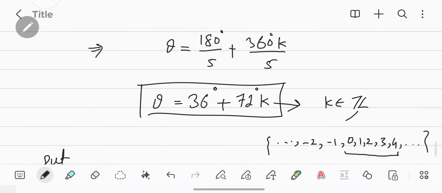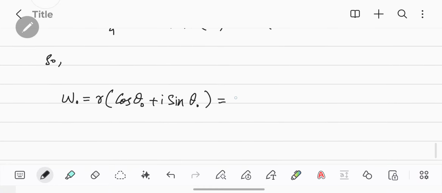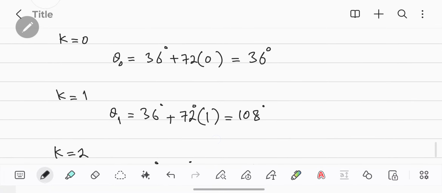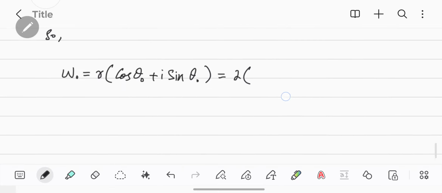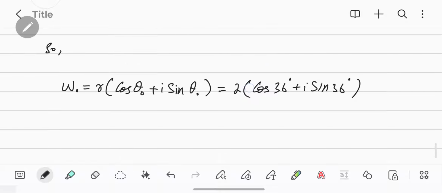Since we found the value of r, which is 2, I'll plug in 2 here. And what is theta 0? Theta 0 was 36 degrees, so right here: cosine of 36 degrees plus i sine of 36 degrees. Then W1 is r cosine of theta 1 plus i sine of theta 1.